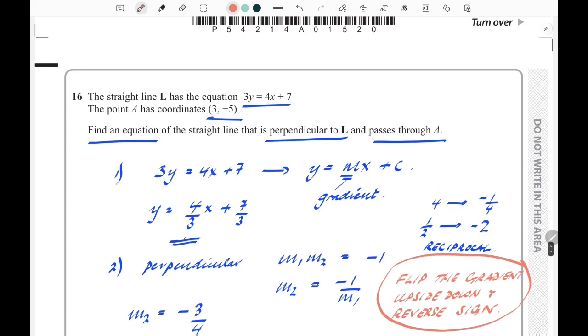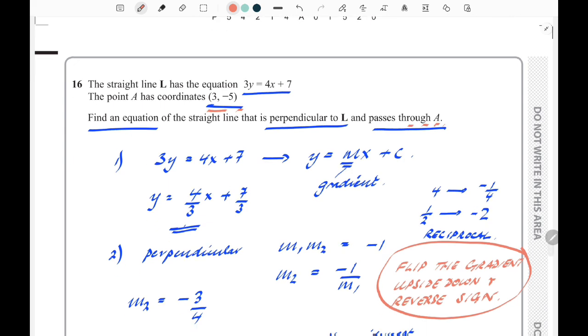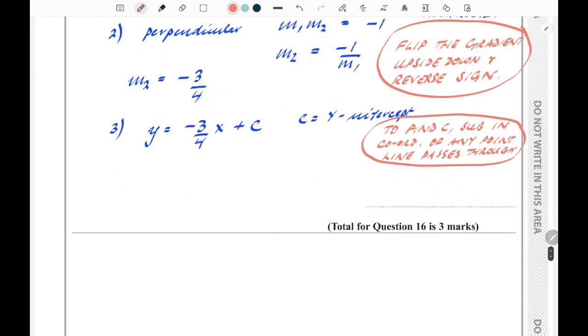And it tells us that the point A has coordinates 3, -5, and this perpendicular line passes through A, all right? So watch out for those two. So we're going to use those coordinates 3, -5, all right?